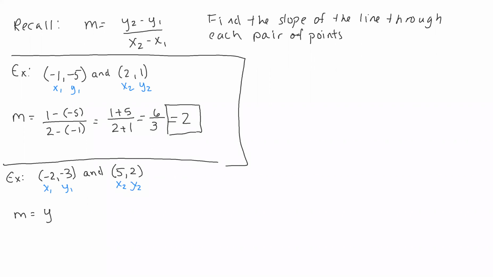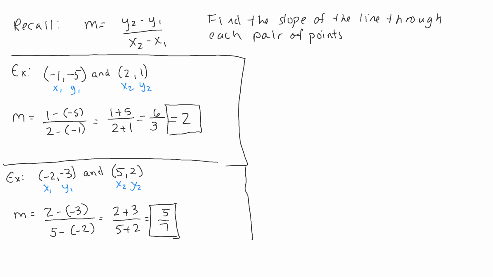So I'm going to do y2, which is 2, and subtract y1, which is -3. Again, watch those signs. And then I'm going to take the difference in the x's, which is 5 minus -2. Again, I've got subtracting a negative, so I get 2 plus 3 all over 5 plus 2. So I get 5 over 7. So I have a slope of 5/7 here.